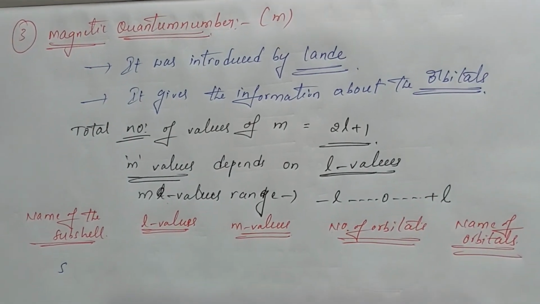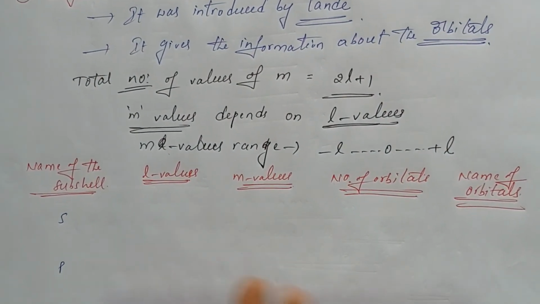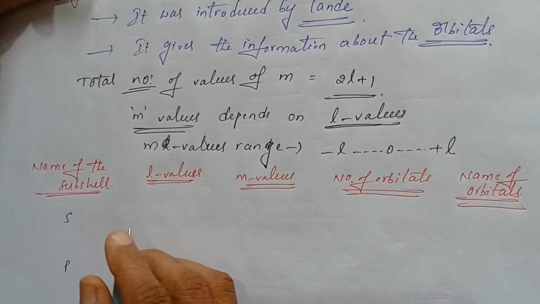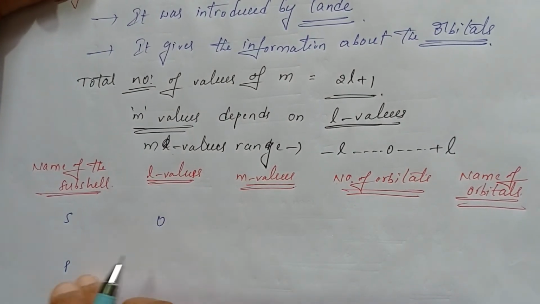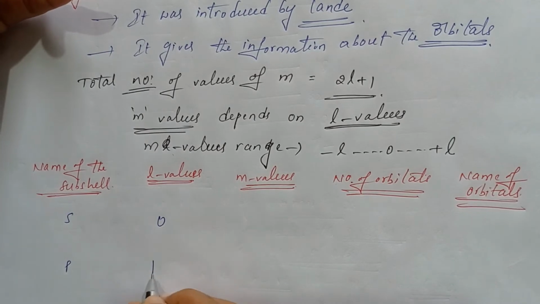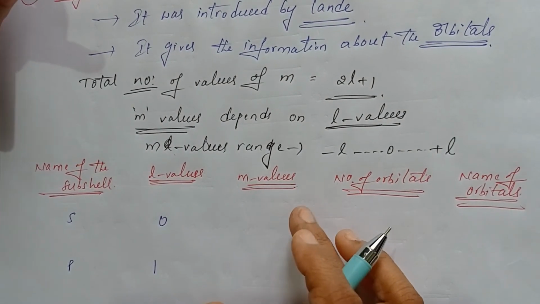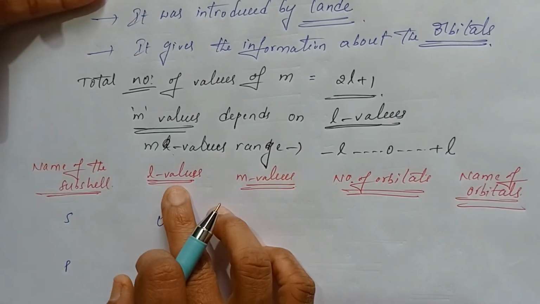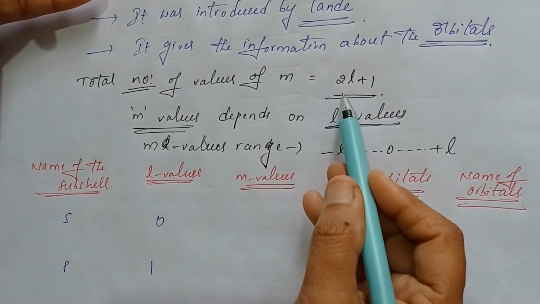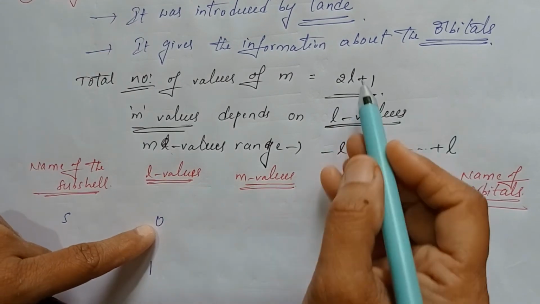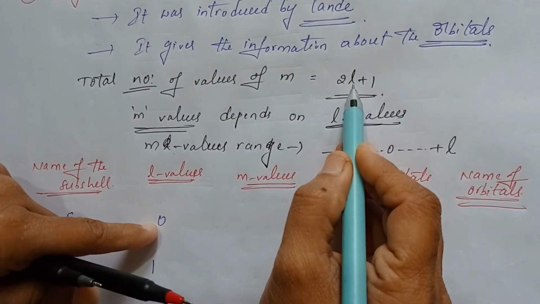Now see, students, here s, p, d, f, the l values: for s subshell 0, for p subshell 1, d subshell 2. So how to find the m values? Because m values depend on l values. For l value 0, substitute here: 2 into 0 plus 1, how much?